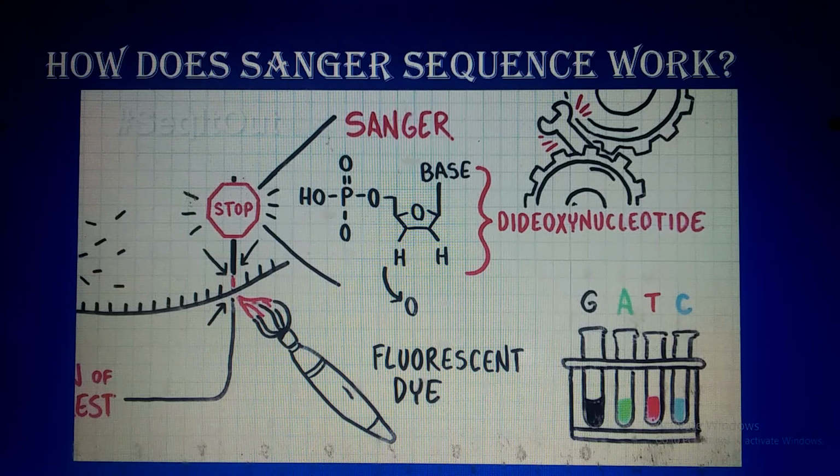So this mechanism was used by Sanger to stop and to read the sequence of the unknown DNA.